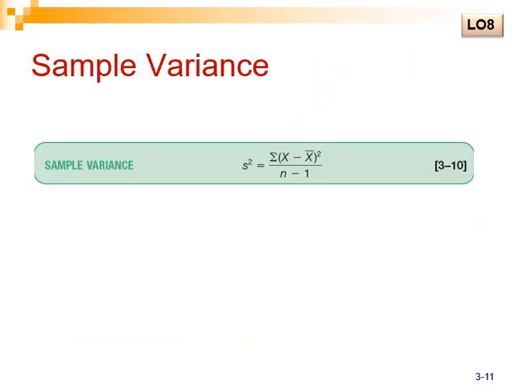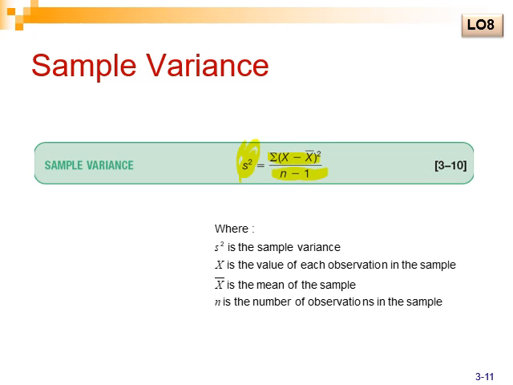Now, let's take the sample variance. The sample variance, S squared, is equal to the summation of the difference x minus x bar, all squared, over n minus 1.